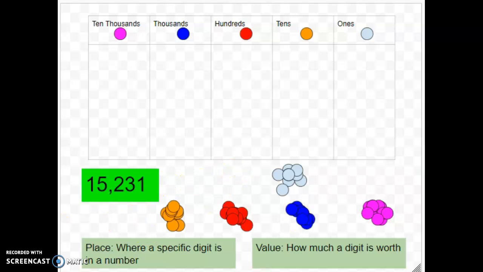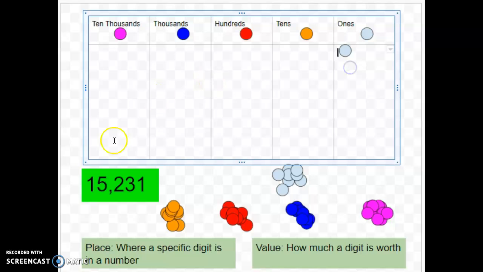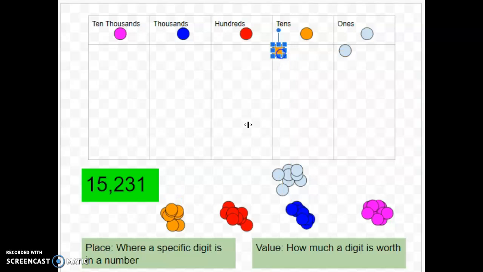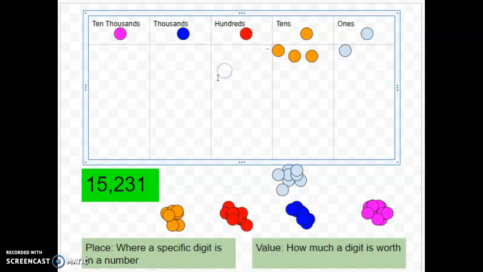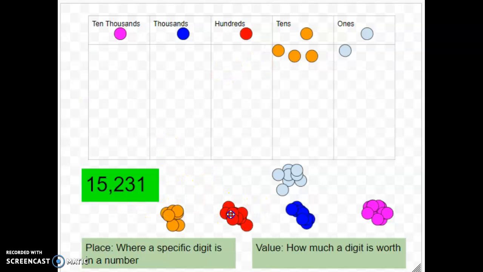All right, so we have 1 in our 1s place, so 1 one. In our 10s place, we have 3, so we're going to pull up 3: 1, 2, 3. In our 100s place, we have 2, so we're going to give ourselves this 2 here, 1, 2. In our thousands place, we have 5, so here's our 5: 1, 2, 3, 4, 5.